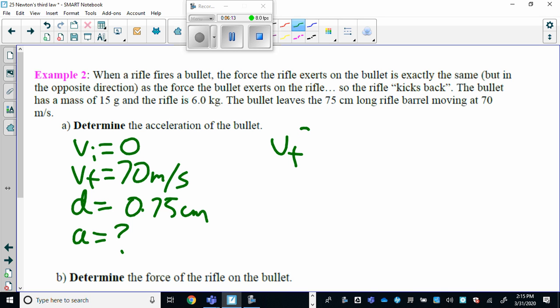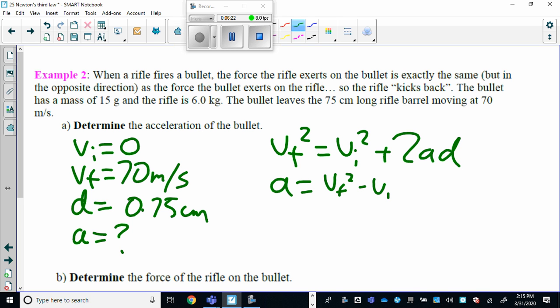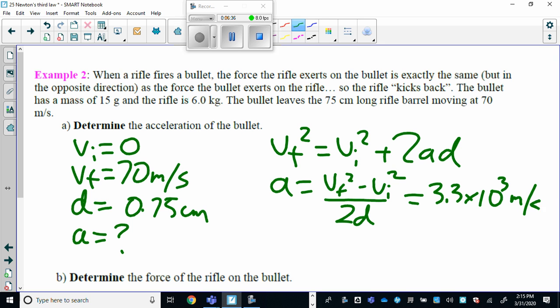So our old favorite, acceleration therefore equals vf squared minus vi squared divided by 2d, and you stick those numbers in and you get the acceleration, which turns out to be 3.3 times 10 to the 3 meters per second squared, which is the acceleration of the bullet, which you would know a bullet accelerates at an extremely high rate.